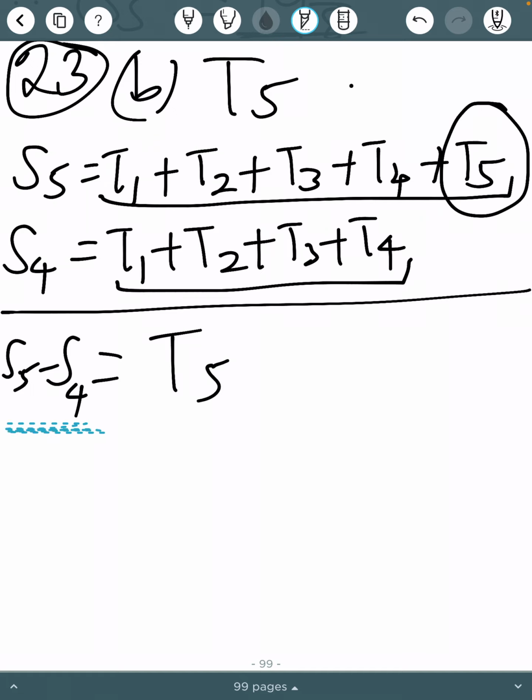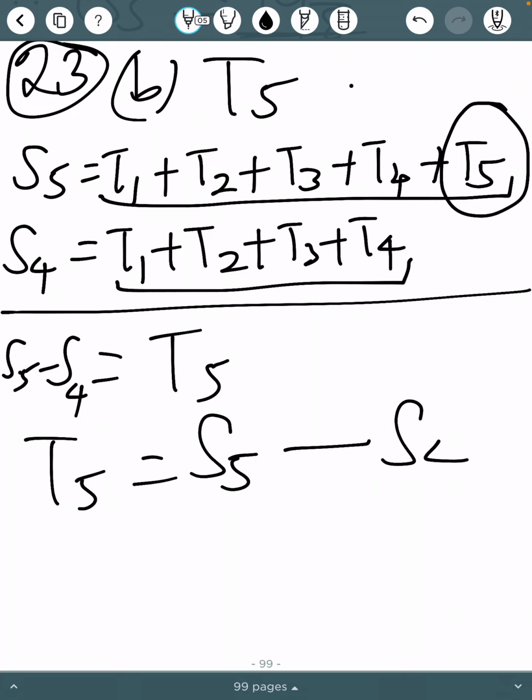The fifth term is S5 minus S4. So my fifth term is the sum of the first 5 terms minus the sum of the first 4 terms. So I still have to find the sum of the first 4 terms. My S4 will be given by what?